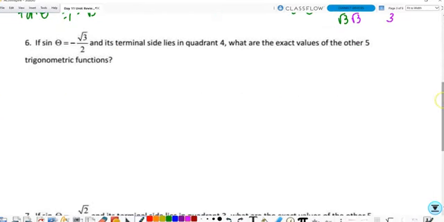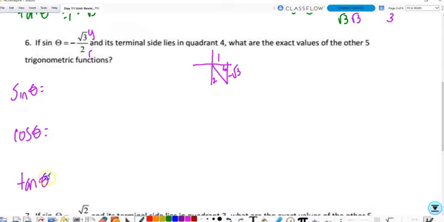Oh, another one. All right, sine, which is y over r in quadrant 4. I know this is going to be 1 because we had the same values up there in number 5. It's also our special right triangle. So let's write out our ratios. So cosine is x over r.